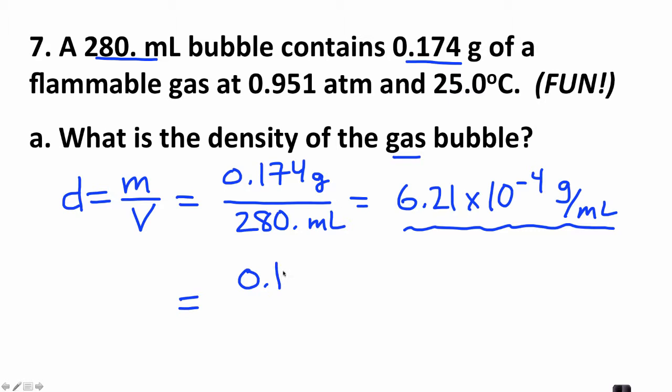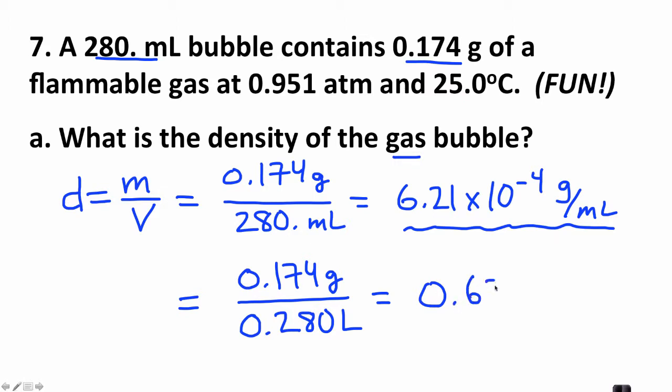If we do the mass in grams and the volume in liters, so 280 milliliters is 0.280 liters, that works out to be a density of 0.621 grams per liter, and perhaps that's a little more understandable scale-wise. You can imagine a volume of a liter, and the gas in that volume would only have a mass of 0.621 grams.